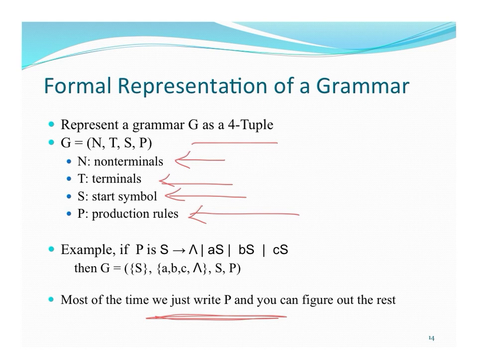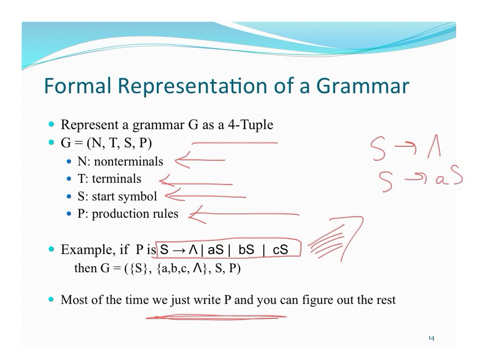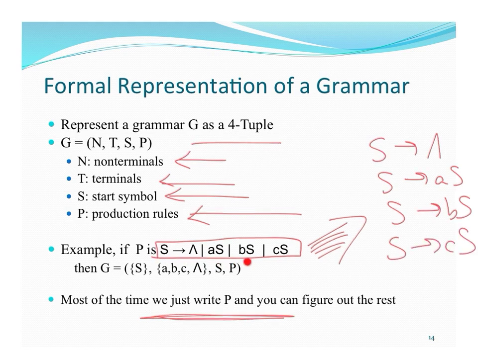So just as an example, if my production rules are the ones we've used so far, remember, this thing actually expands. This is 4 different rules. S goes to lambda, S goes to AS, S goes to BS, and S goes to CS, and we just had it written out on a single line like this to save space.